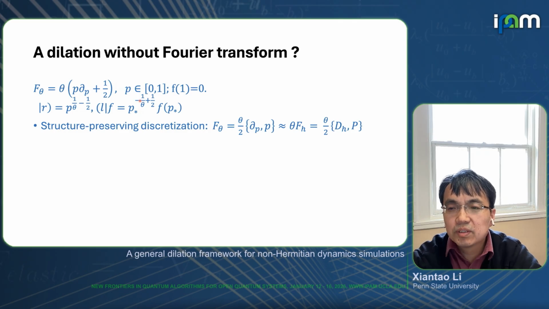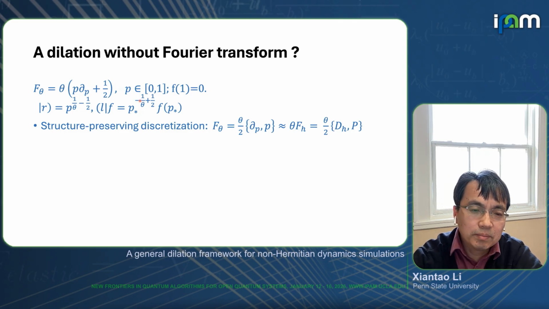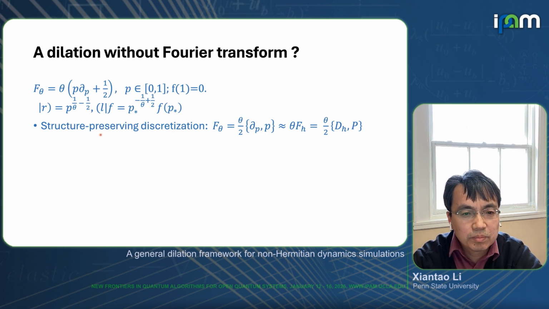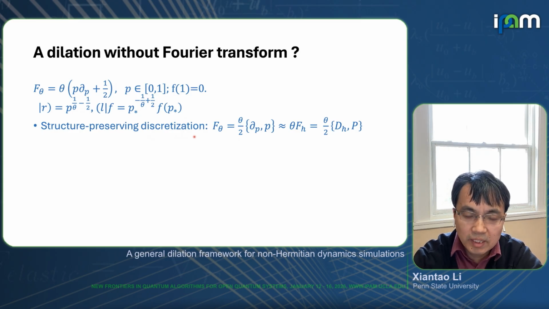This is infinite dimensional, so eventually when we actually implement this, we have to discretize this. In order to maintain the skew-Hermitian structure, I prefer using structure-preserving discretizations. And right here, I'm using what's called the summation by parts method.